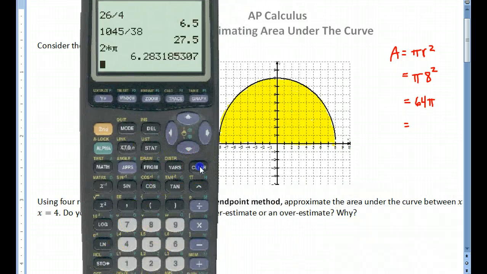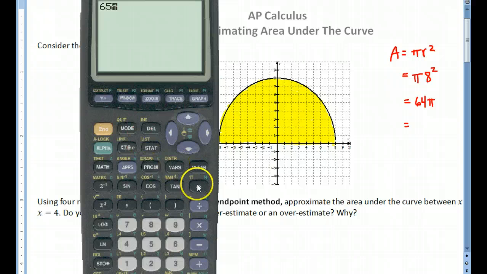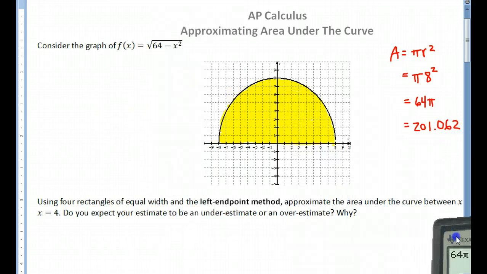To find an approximate for that, 64 pi. Area would be about 201.062 units squared. What did you have to have? Did you have to have half of it? Oh yeah, correct.